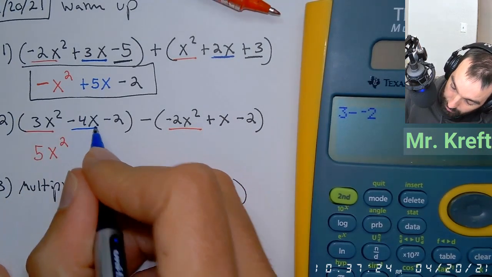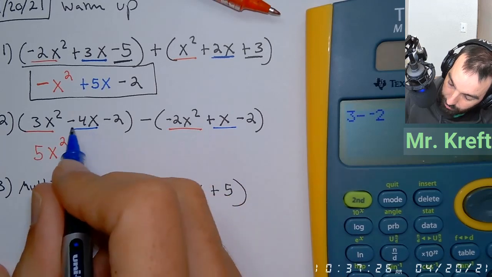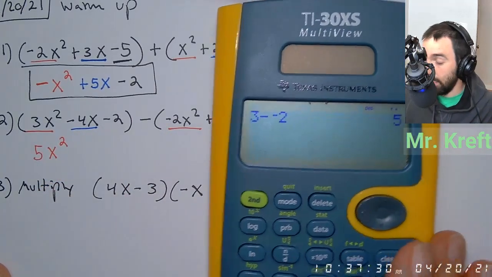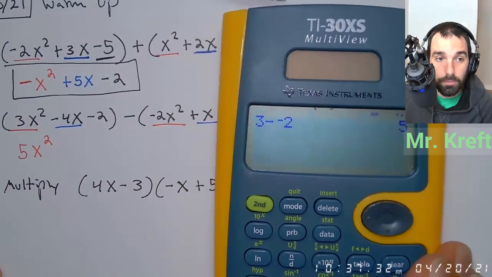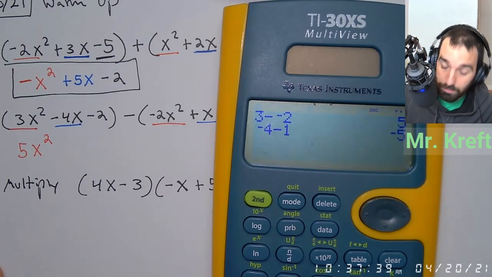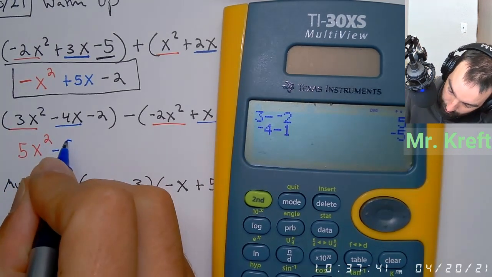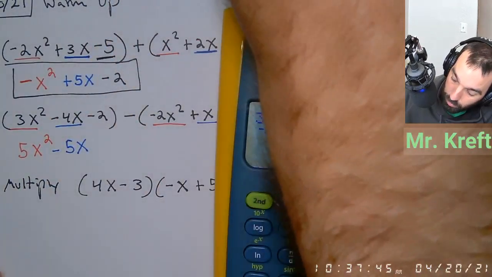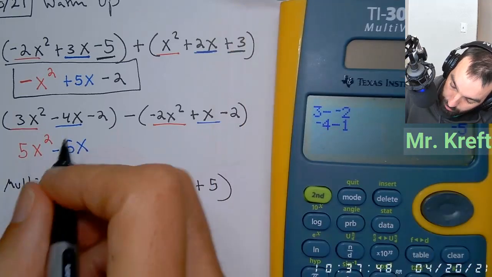And then I'm going to go look at my next group. So I have x's. So I have negative 4 here, and I'm going to minus 1 more. So again, using the calculator is really easy to do. I'm going to take negative 4 minus a positive 1. So I'm going to get negative 5. So I'm going to have minus 5x. And then my last one, I'm going to take a look at my whole numbers.